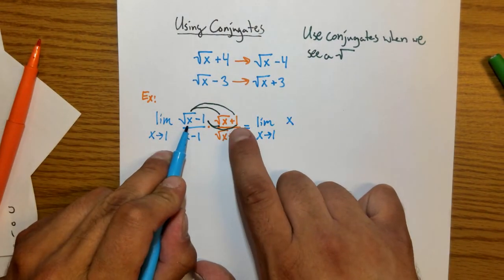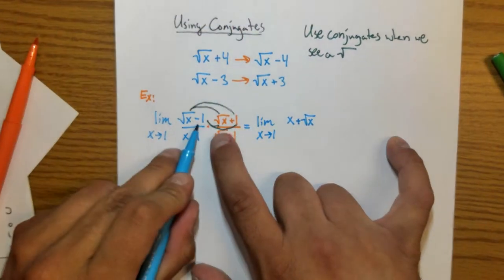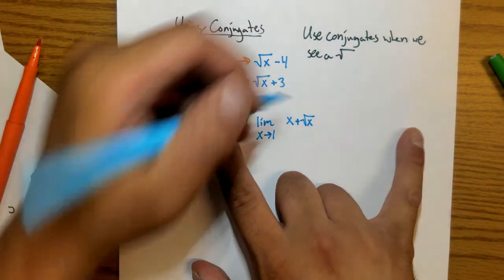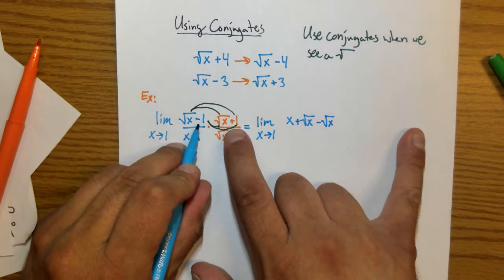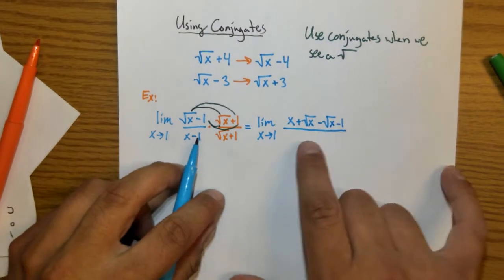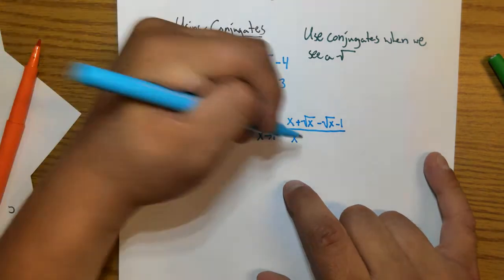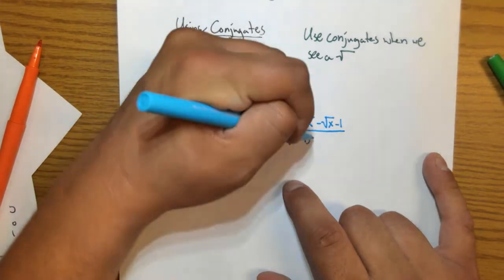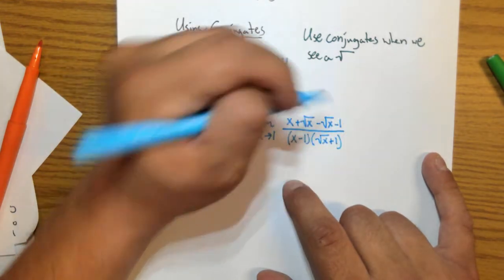Square root of x times 1 is just plus the square root of x. Negative 1 times the square root of x is negative square root of x. And then negative 1 times 1 is minus 1. All divided by, and I'm going to leave this just as it is, x minus 1 times square root of x plus 1.